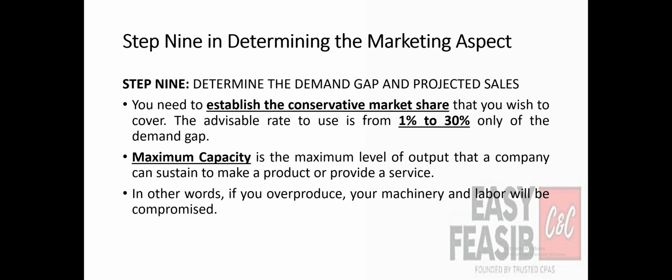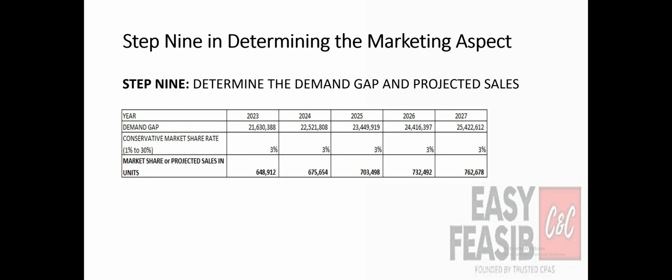Let's define maximum capacity. Maximum capacity is the maximum level of output that a company can sustain to make a product or provide a service. In other words, if you overproduce, your machinery and labor will be compromised. This will be discussed on a separate video under technical aspect. Let's compute for the market share, or the projected sales in units.